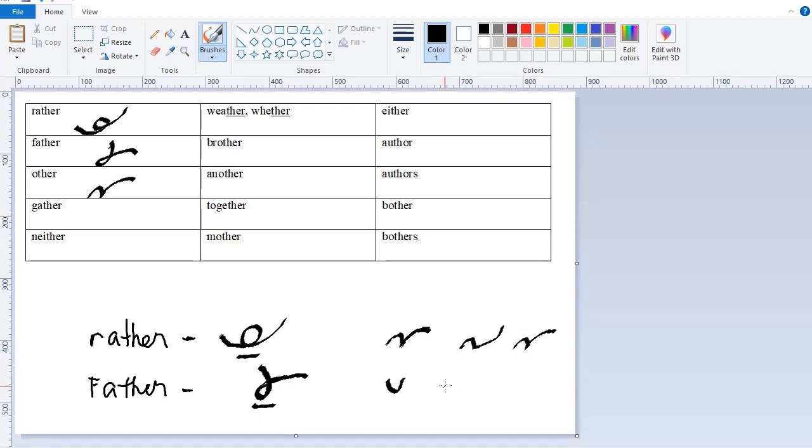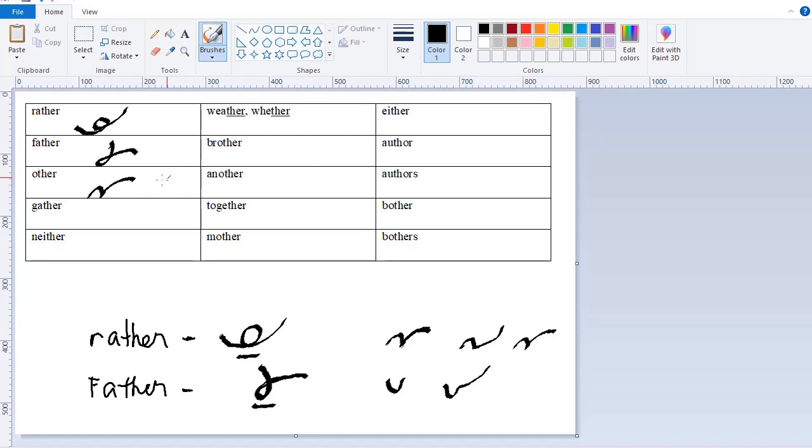But when it comes to this one, it's different. Okay? So did you see the difference? That is the explanation for which to use, whether the upward TH or the downward TH.